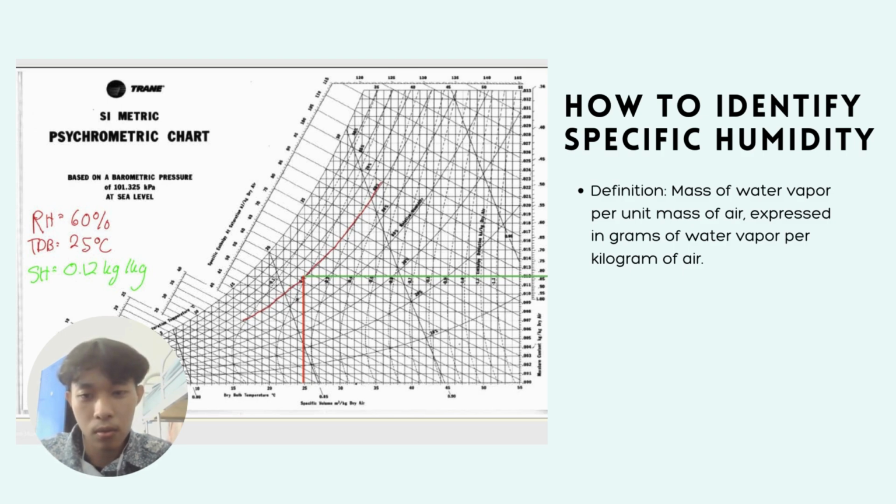First, you need to draw an upward line using data of 25 Celsius, touching the 60% relative humidity. At the incline point, you need to draw a line vertical to the right to show the value for specific humidity. And for this chart, the value for specific humidity is 0.12 kg per kg.